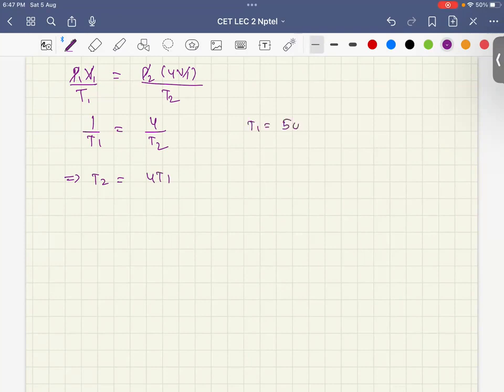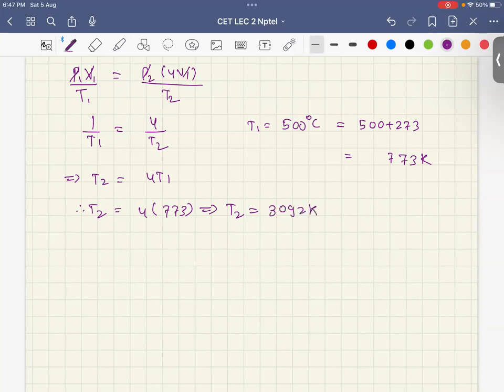T1 was given as 500 degrees centigrade, which is 500 plus 273, which is 773 Kelvin. Therefore, T2 is going to be 4 times 773, which is 3092 Kelvin. And hence T2 is 3092 minus 273, which is 2819 degrees centigrade.